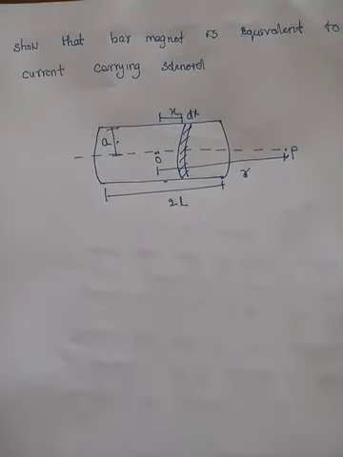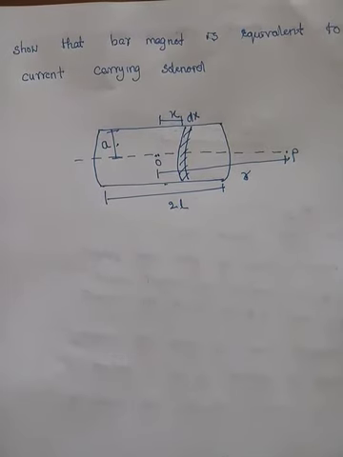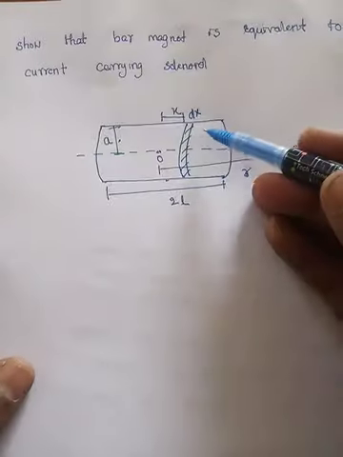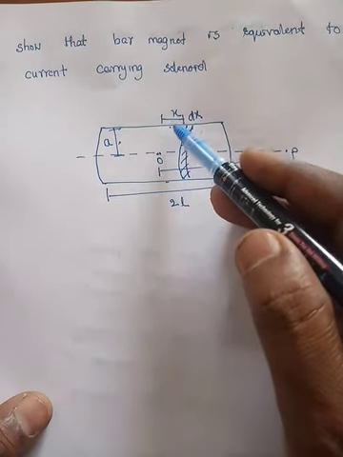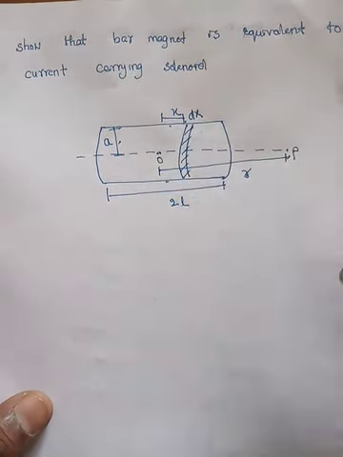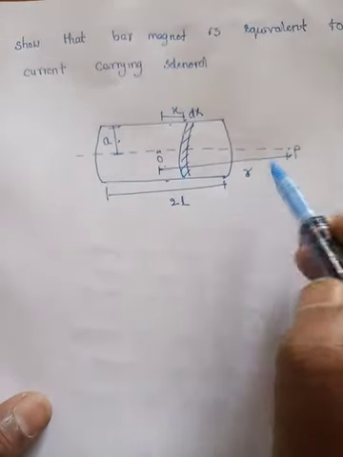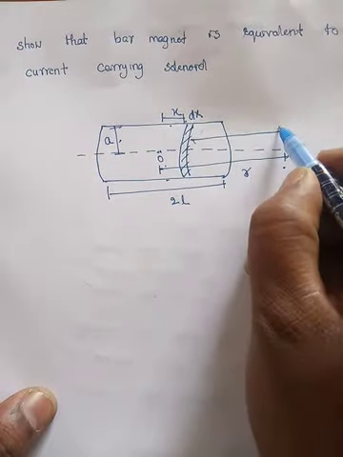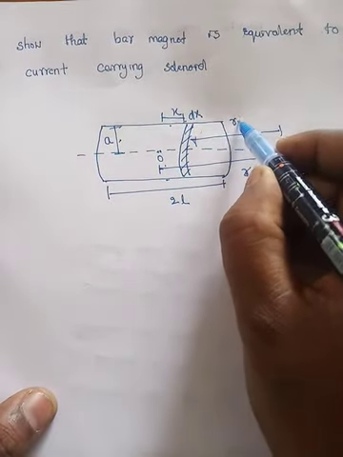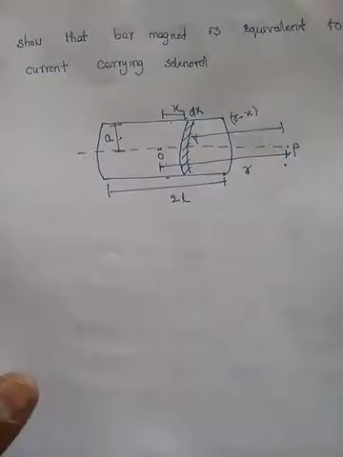We already know that a solenoid is nothing but an insulating coil on which we wound many circular turns. We consider one such circular turn of length dx, which is at a distance of x from O. Now OP is equal to r, so the distance from dx to P is r minus x.